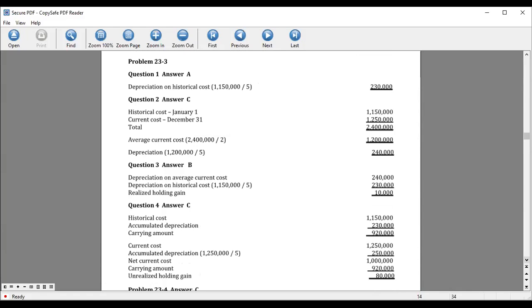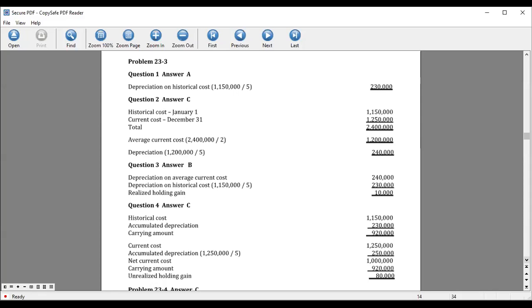The current cost of the machine was 1,250,000 on December 31, 2020. It has no residual value, has a 5-year life, and is depreciated using the straight line method. So the depreciation on historical cost is taken by dividing the historical cost by 5.